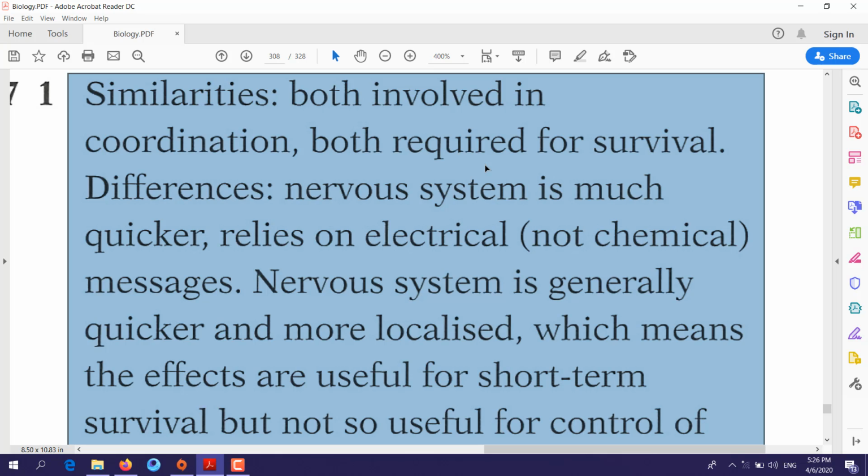This movement needs what? The difference is the nervous system is much quicker. We said the main difference is what? The nervous system is fast, but it lasts for a short time, while the endocrine system is the opposite. It's slow, but its effect lasts for a long time.